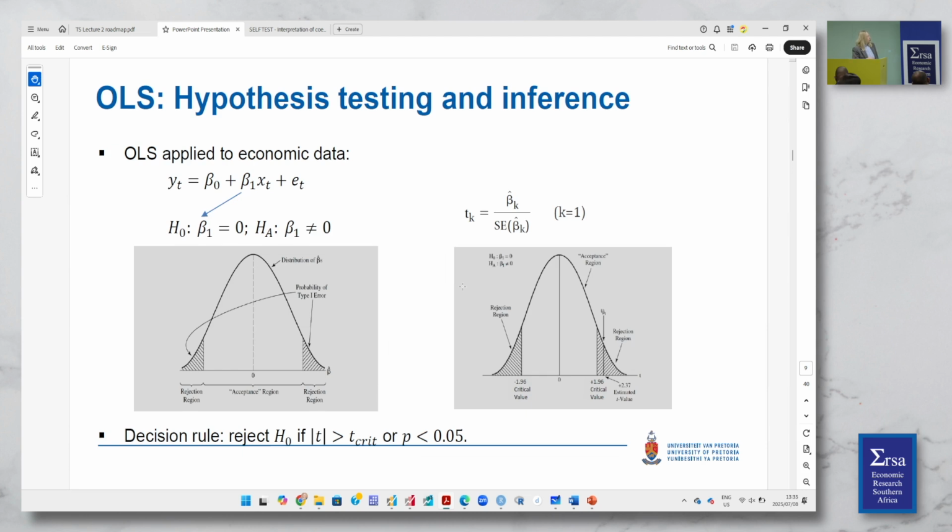But we set it like this. And that beta parameter comes from a distribution like this, based on the fact it's more difficult to think about this in a time series context. In a cross-section, it makes a lot of sense.